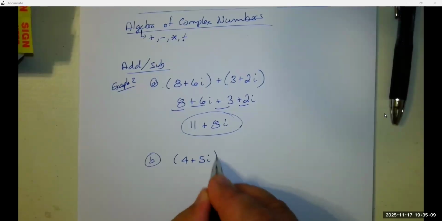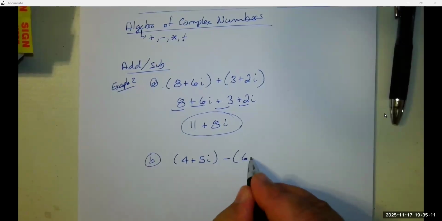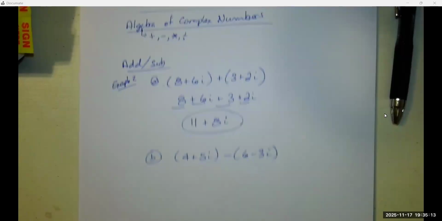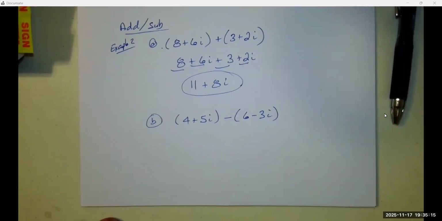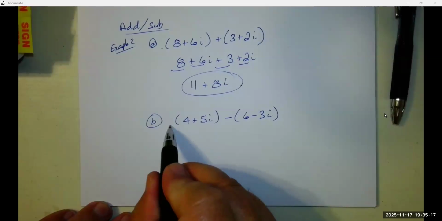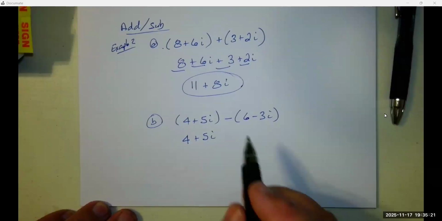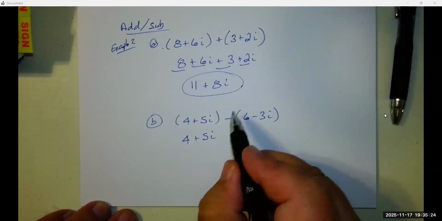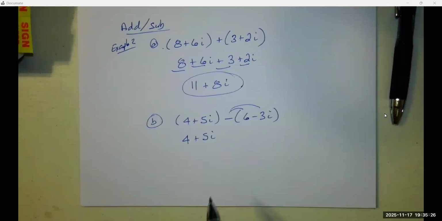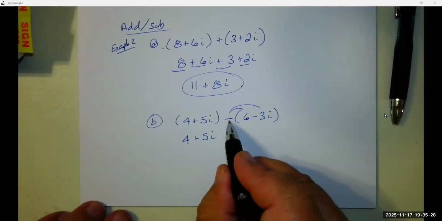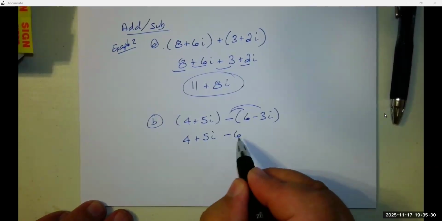4 plus 5i minus 6 minus 3i. There's nothing in front of the first one, so I could drop the first parentheses. But the second one has a minus sign, which means I have to distribute it to everybody inside there. So the negative times positive is negative 6.